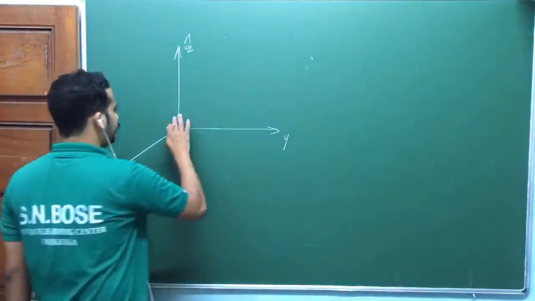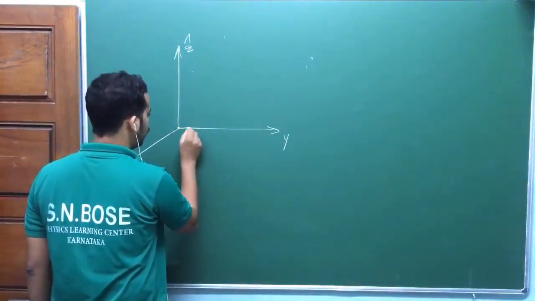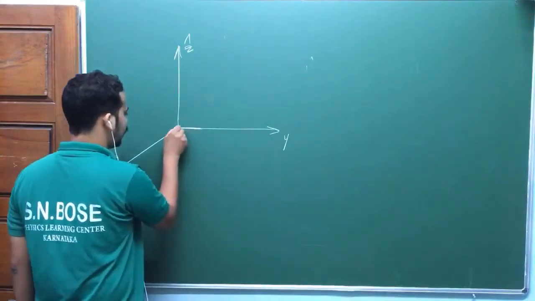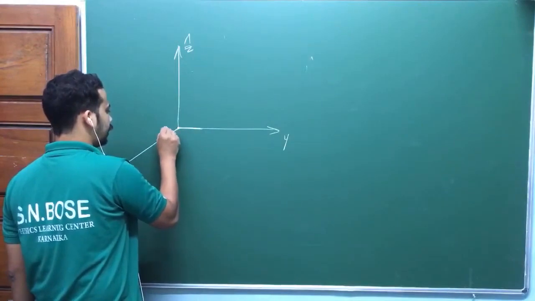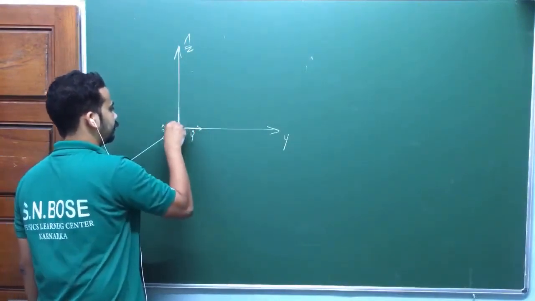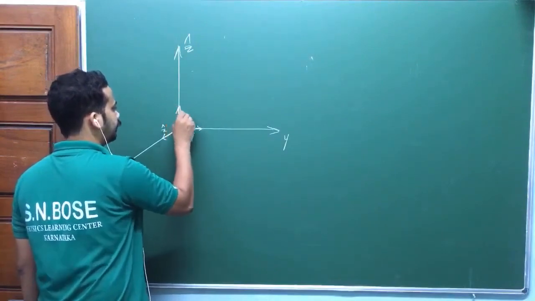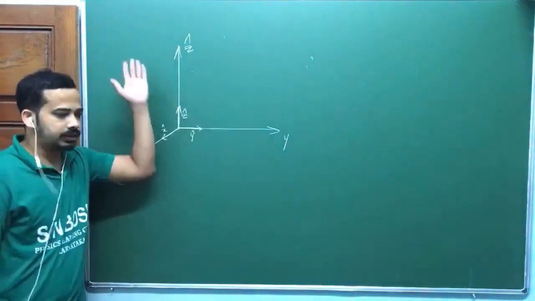Now what we do is define a unit vector along each axis. We call them x cap, y cap, and z cap. Is that okay? Unit vector whose length equals 1, with direction along the respective axis.